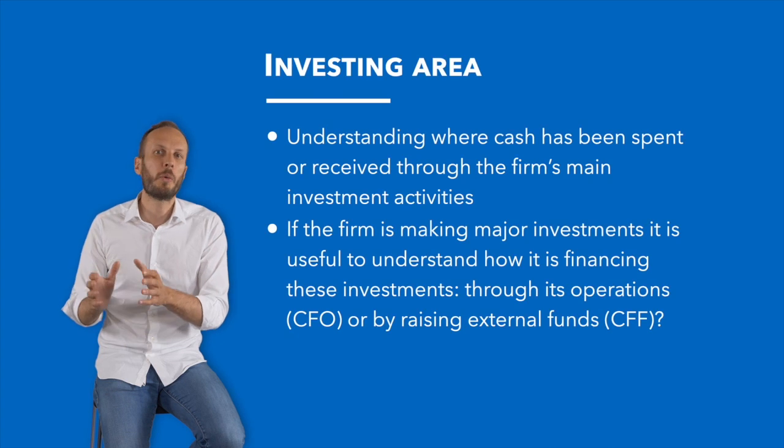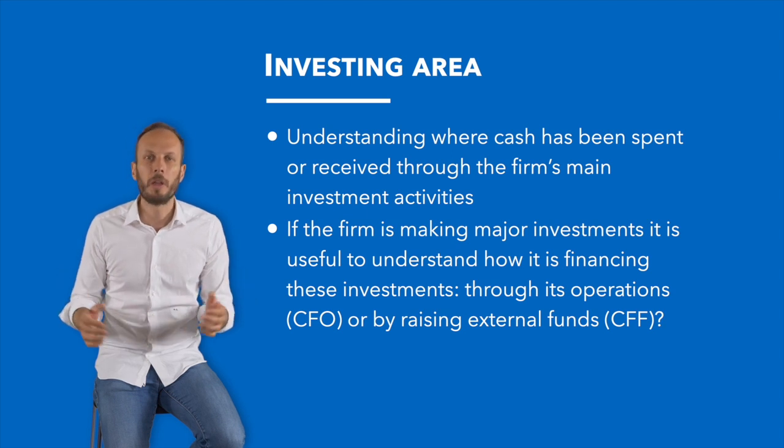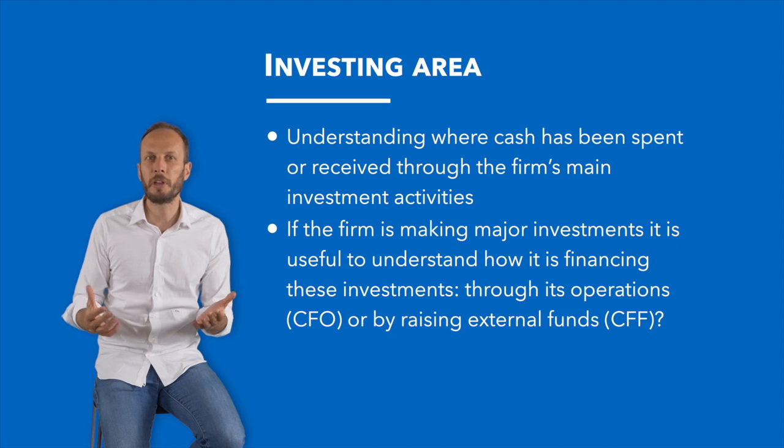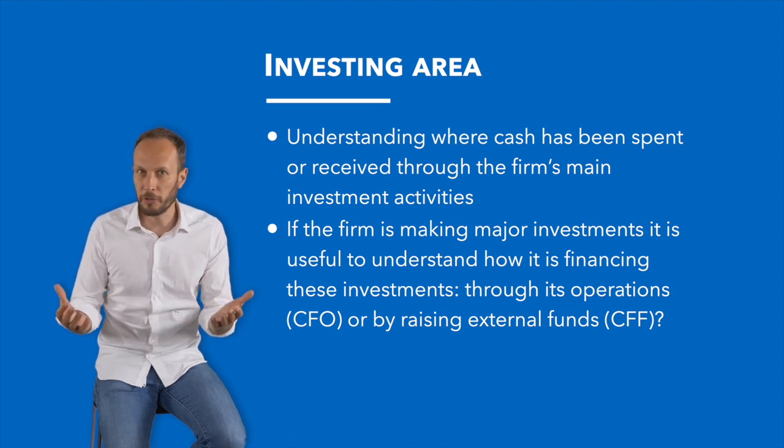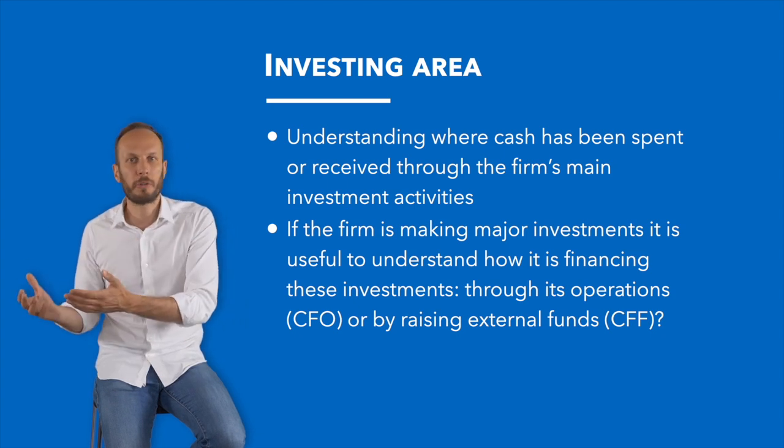Investing activities require understanding where cash has been spent or received through firm's main investments. If the firm is making major investments, it's useful to understand how it is financing these investments, through its operations or by raising external funds.